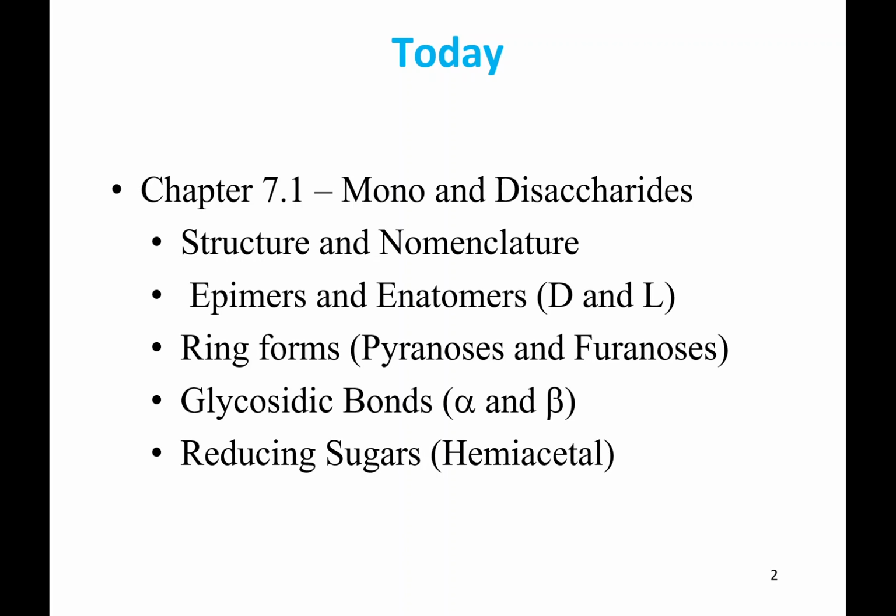Okay, and then there's another term that we'll use, epimer, and we'll explain that later. We'll talk about the open forms of the sugars and also the ring forms. So sugars can exist in two different forms, and they have an equilibrium between the two. Okay.